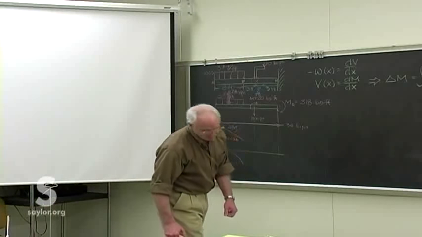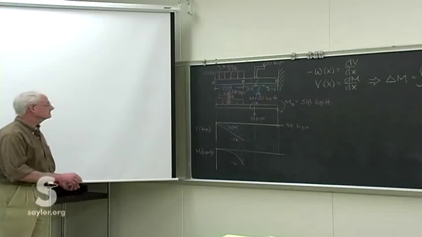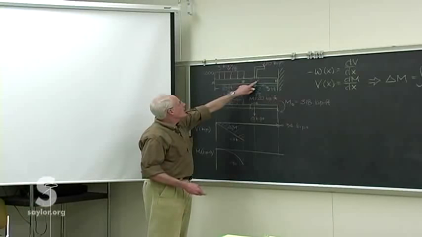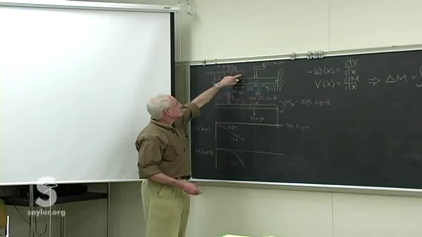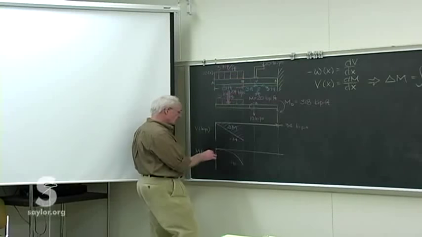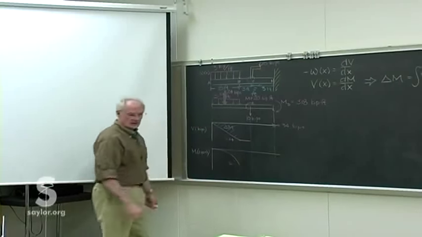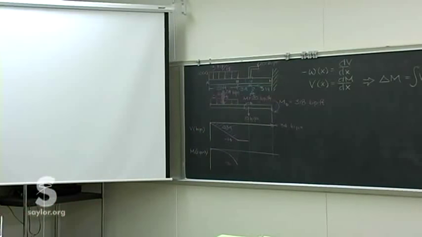All right, there's no change in the load, so there's no change in the shear. And there's nothing more we need to do. We know it's going to do just that.